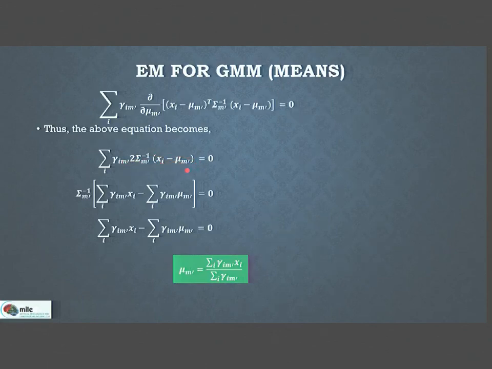Now we can rearrange the terms and find the expression for the mean vector, which is nothing but the sum of the vectors weighted by the posteriors. So that is what the estimated mean is.